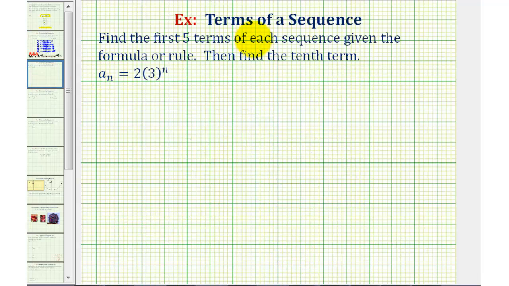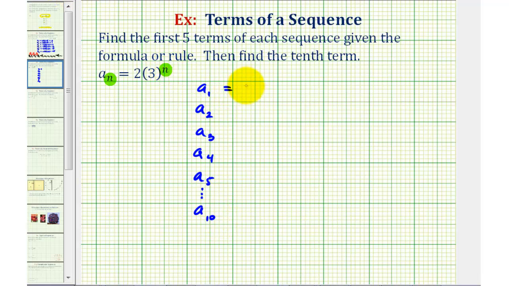It's the same question, but now we have a sub n is equal to 2 times 3 raised to the power of n. So again, to find the first 5 terms, we want to find a sub 1 through a sub 5. The 10th term would be a sub 10. So looking at our sequence formula or sequence function, we'll be changing the value of n here and here to find our terms in the sequence.